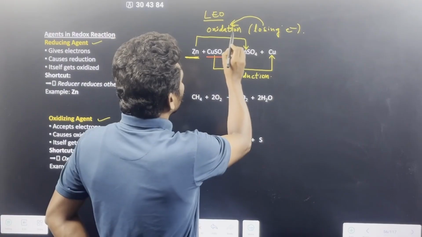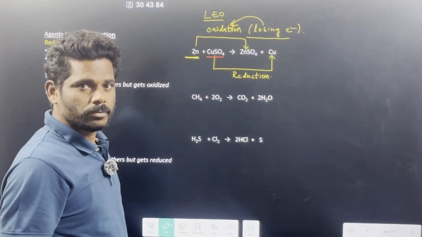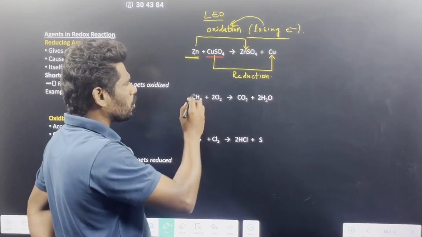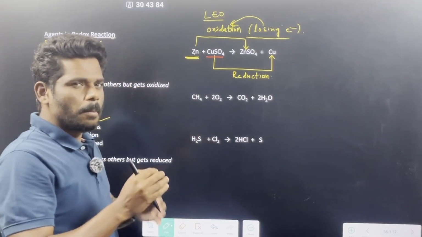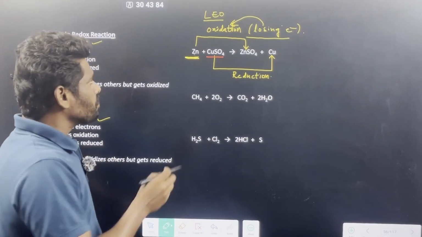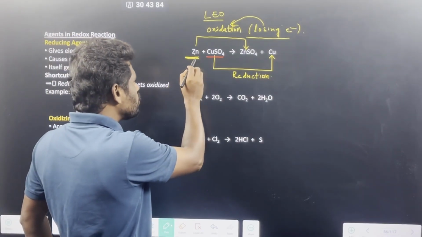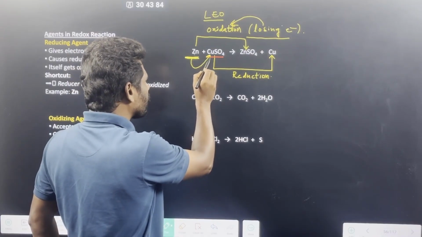And it's losing the electrons. Since it is losing the electrons, the electrons lost by the zinc must be gained by someone. So the zinc is giving those 2 electrons to copper.